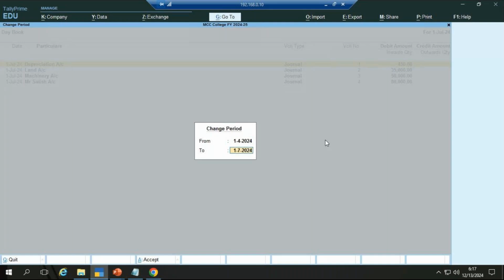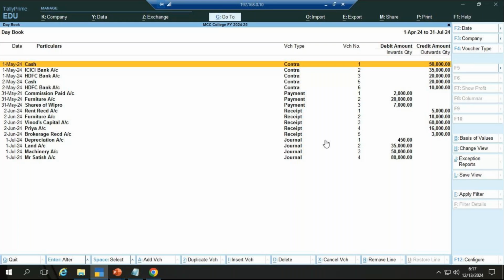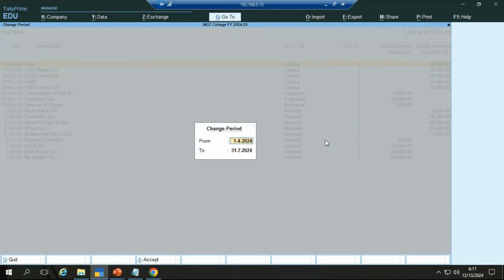1/4 to 31st July I'll take. So 1/4 to 31st July by pressing Alt F2.